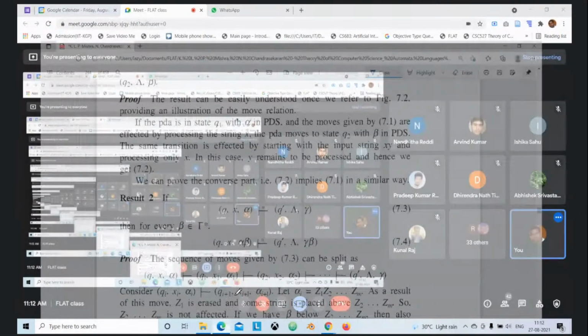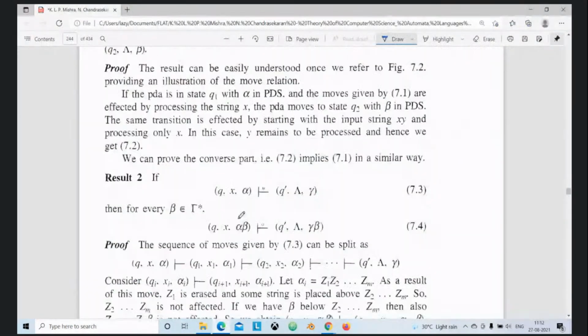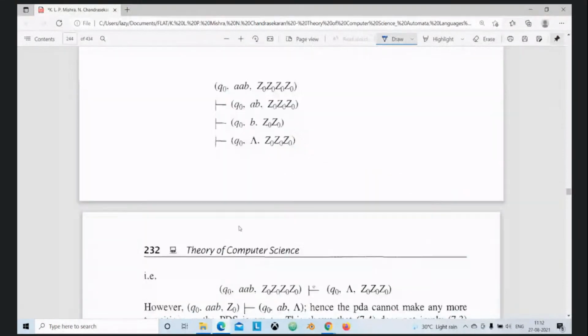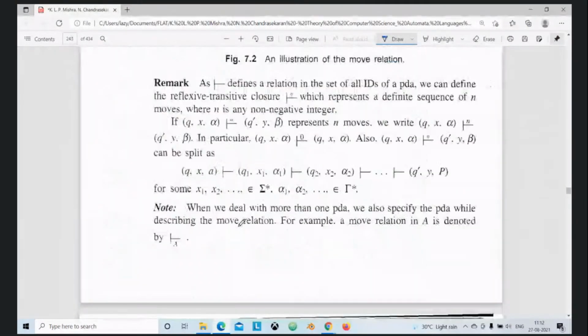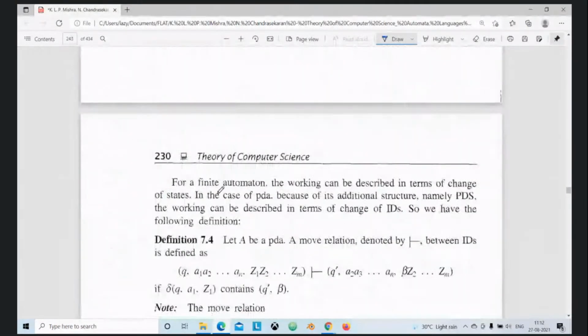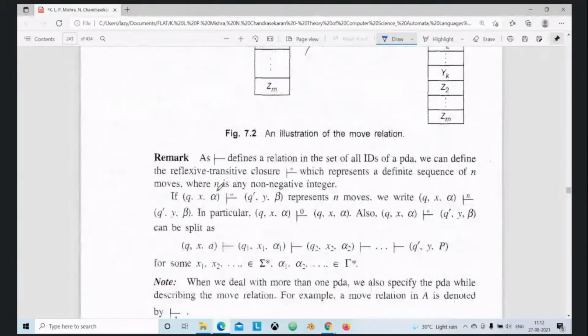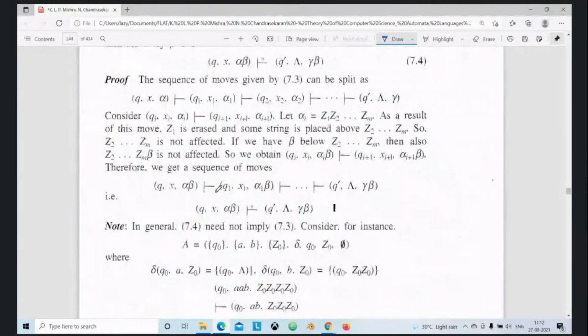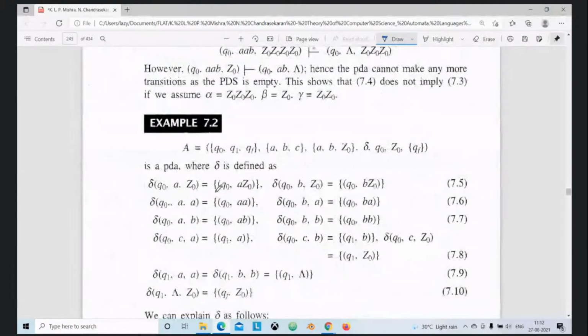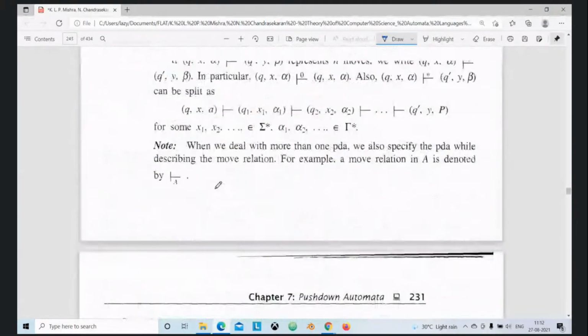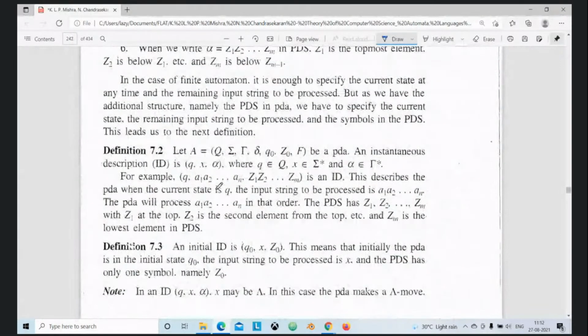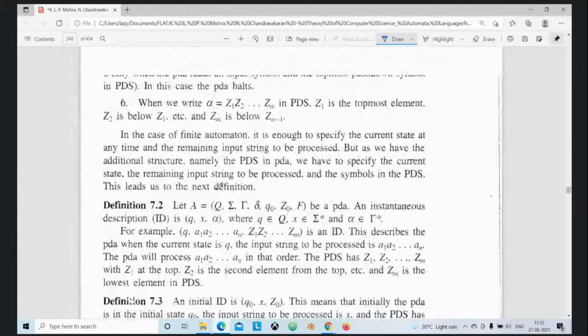Okay, so let us discuss the definition for final state acceptance as well as null state acceptance. We have, I think, discussed the final state acceptance, and likewise, there is a definition for null state acceptance as well.